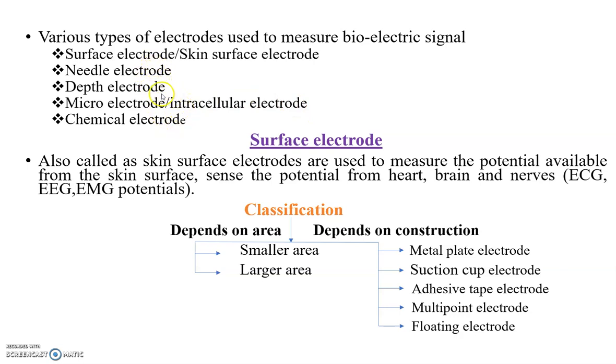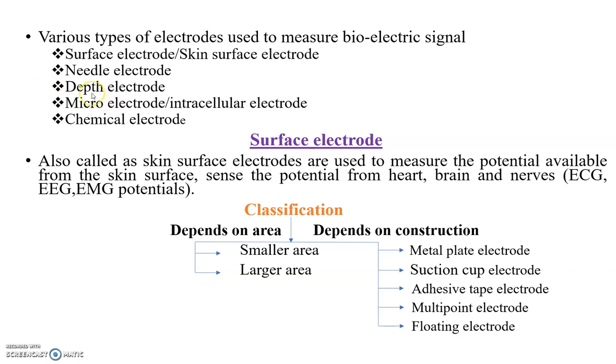All these different types of electrodes are used for different purposes. Surface electrodes can be used for stimulation of nerves and muscles. They can be used for different measurements such as ECG and EMG. Next, the needle electrode is mainly used to pick up the signal for EEG measurement.